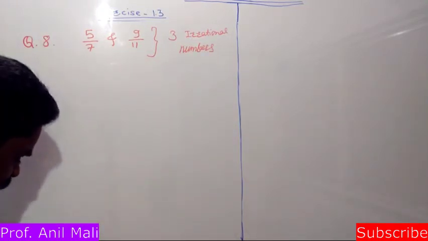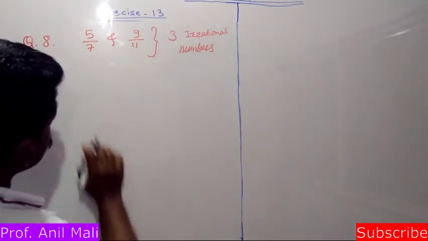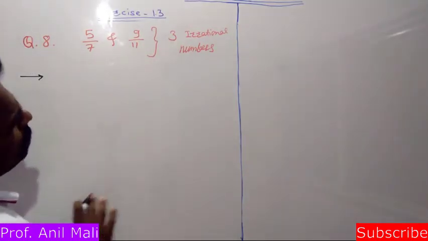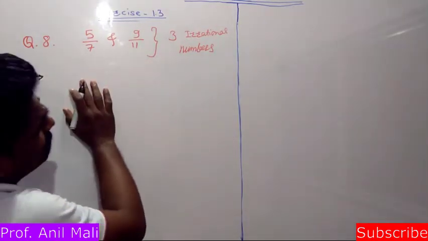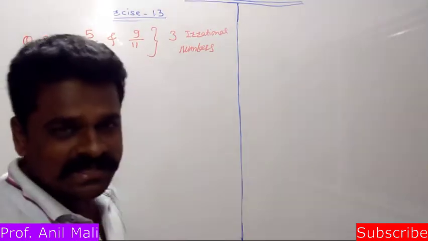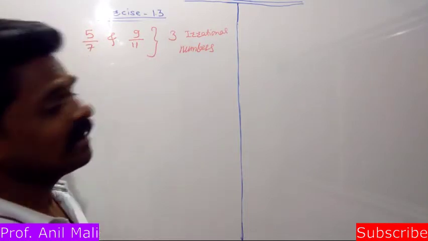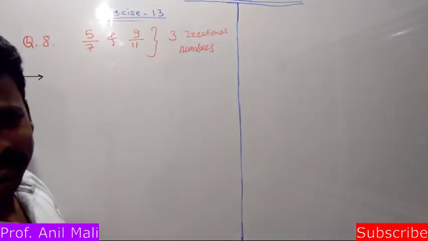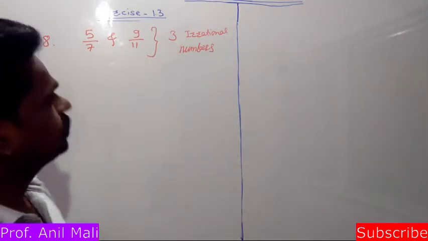Okay, fine. So here the procedure is that to find irrational numbers between two rational numbers, first express them in decimal form, and once you have expressed both the numbers in decimal form, then you can easily find an irrational number between those two rational numbers.